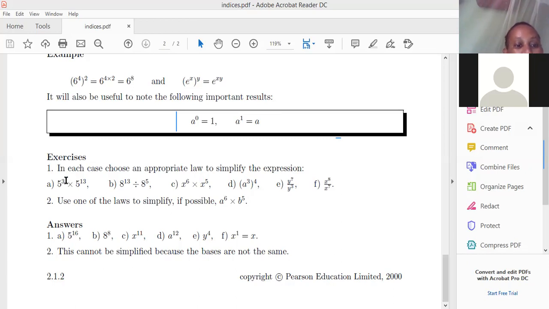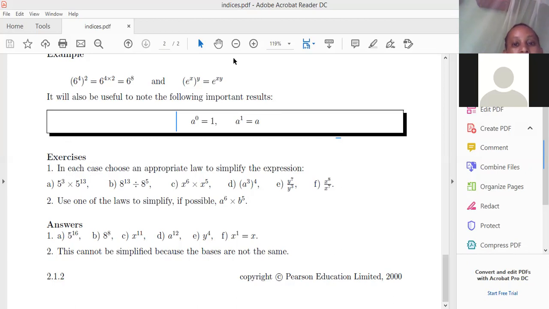Our exercise here, let's try and do, for example, number A. We have 5 raised to the power of 3 multiplied by 5 to the power of 13. Because we already have the same base here, we are not going to change the base, and therefore we are going to have 5 raised to the power of 3, and then that 3, we add it to the 13.